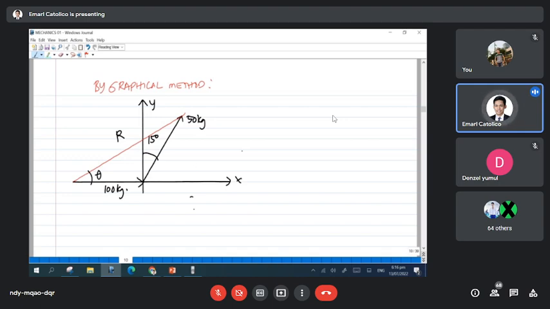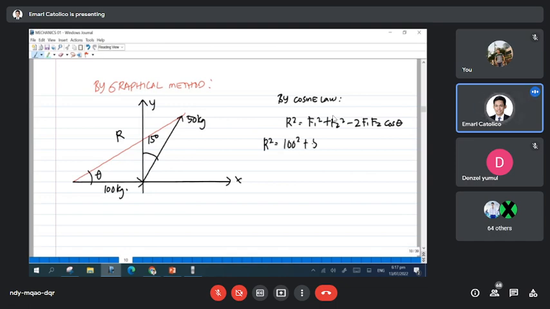So, since naka-form ka ng triangle, gagamitan natin ng trigo, which is yung cosine law. So, we have R squared is equals to force 1 squared plus force 2 squared minus 2 F1 F2 cosine theta. Okay. So, R squared is equals to force 1 natin, let's say, 100.